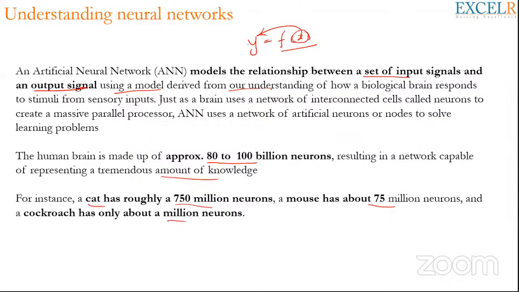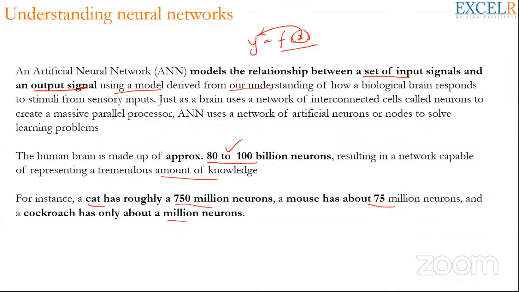A poor cockroach. Intelligence mostly depends on how many neurons a race has, and also how strongly these neurons are interconnected. It's not just that the race or humans have this many neurons, but also how strongly they are interconnected. That defines the intelligence of a race or a person.